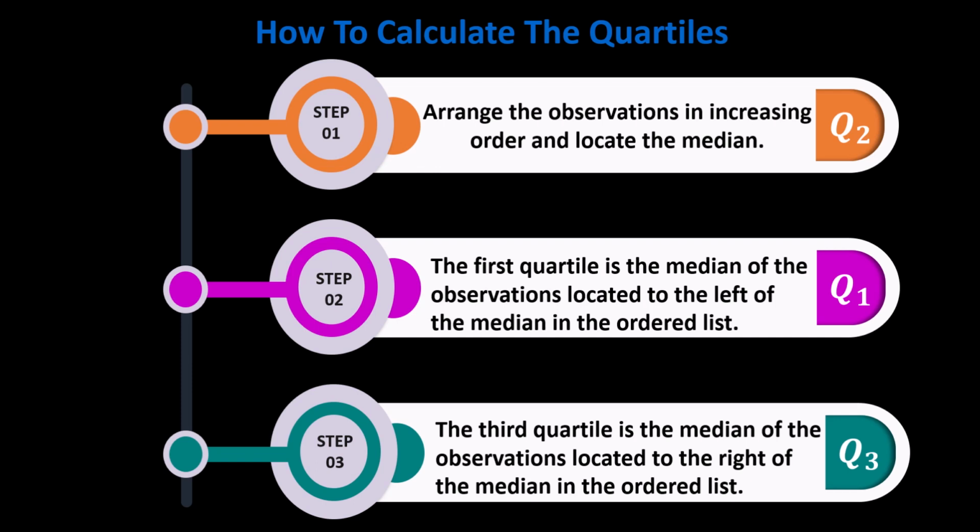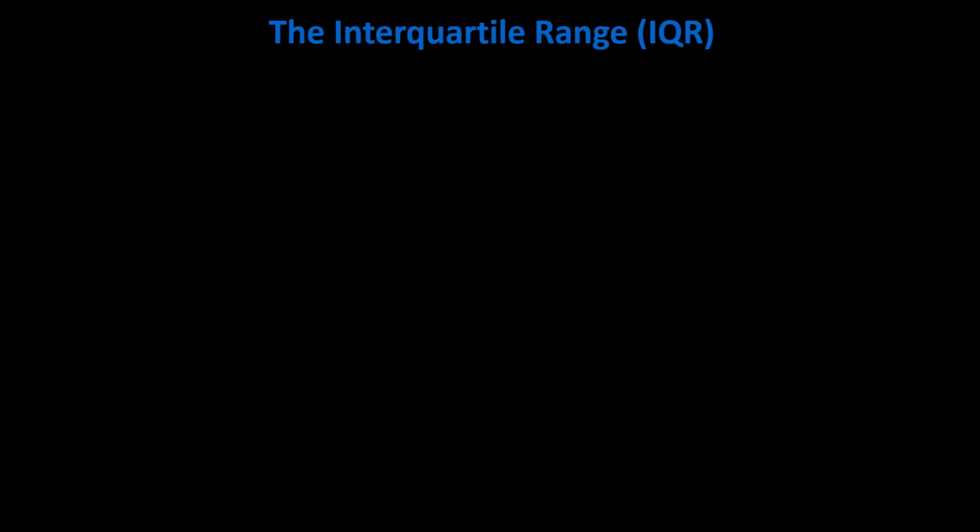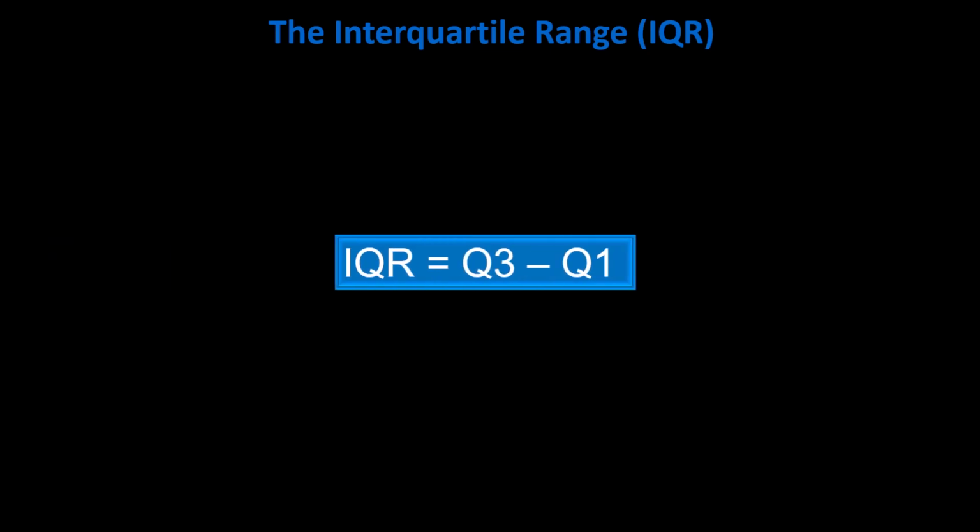Once we calculated Q1, Q2, Q3, we can find the interquartile range. We can write IQR. So how do we find the IQR? IQR is Q3 minus Q1. We can find the Q3, Q1, and then we subtract Q1 from Q3.